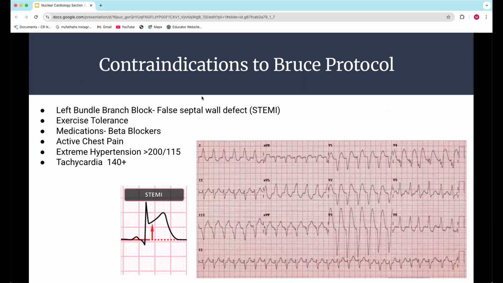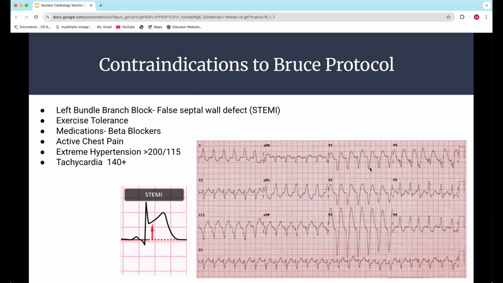And we mentioned this already when we did some of our EKG, but a left bundle branch block. Again, I talked to you guys about how the waveform of elevated ST segment, which is a STEMI, can look a lot like a left bundle, right?